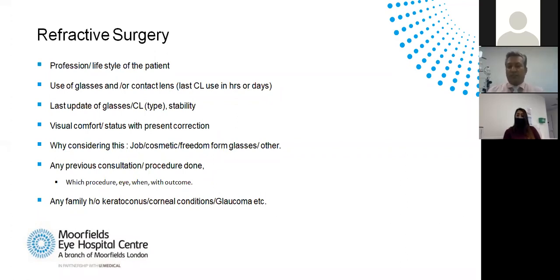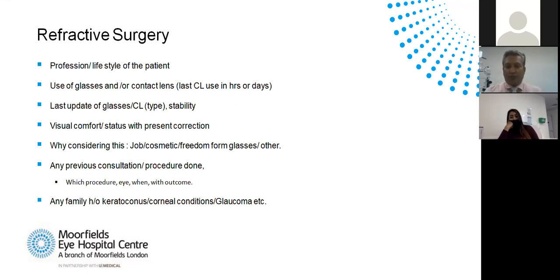Then why they're considering it. This is a very important thing: if it is related to the job, if it is cosmetic, if it is freedom from glasses, or some other reason. Some conditions, as I said, may make it not possible. If it is only a cosmetic reason, the approach is different.